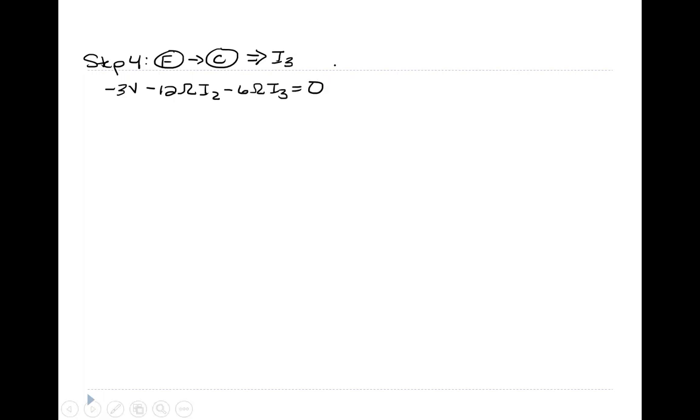Now I'm going to plug F into this. So minus 3 volts minus 12 ohms times equation F, which was 26 ohms times I3 minus 6 volts, all divided by 20 ohms. I may have written the terms in the numerator in the opposite order, but they're the same signs, just flipped around.